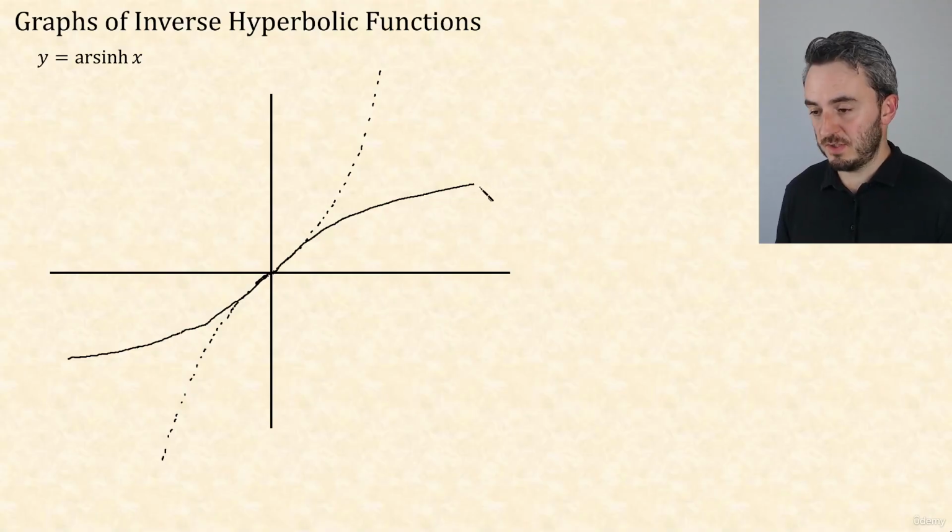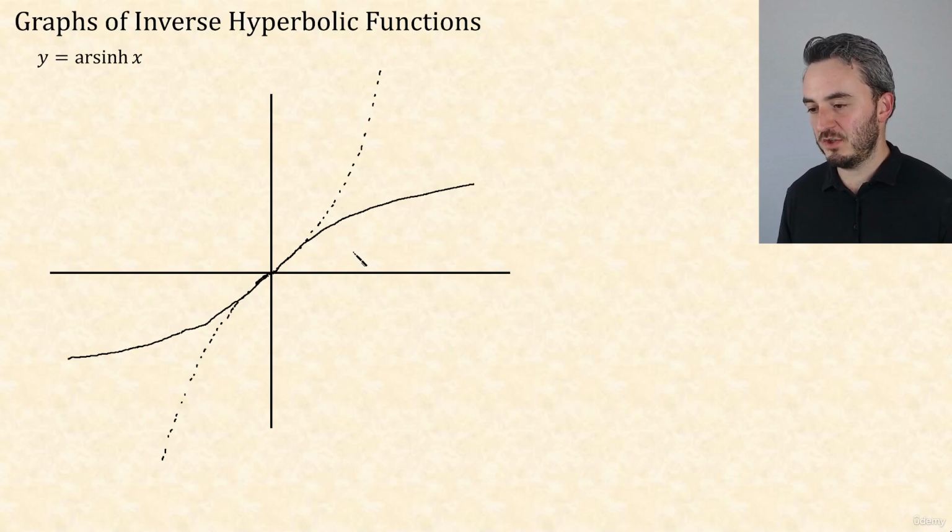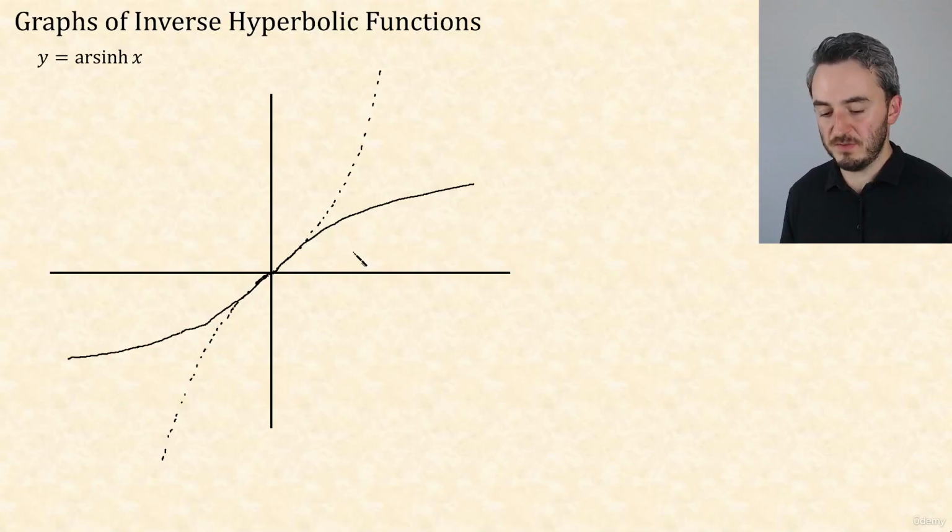It does keep growing, just slower and slower, logarithmically slowly. So there is our arsinh x, which exists for all values of x.